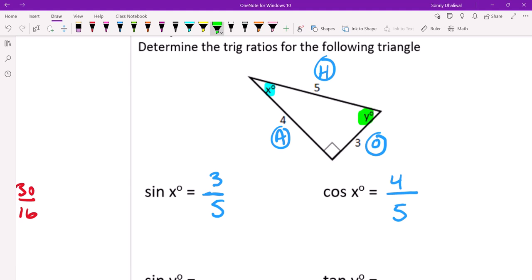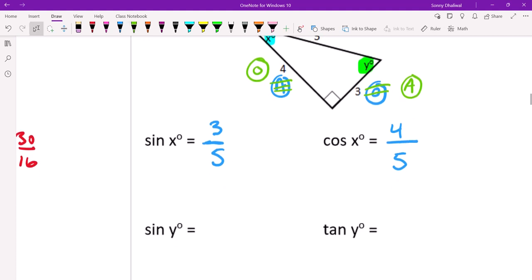The 3. Because the side that's next to angle y is side 3. Now this is my adjacent side, and this is now my opposite side. Right? Because the naming of the triangle depends on which angle you're using in your calculations. So you can't just label it once and be done with.